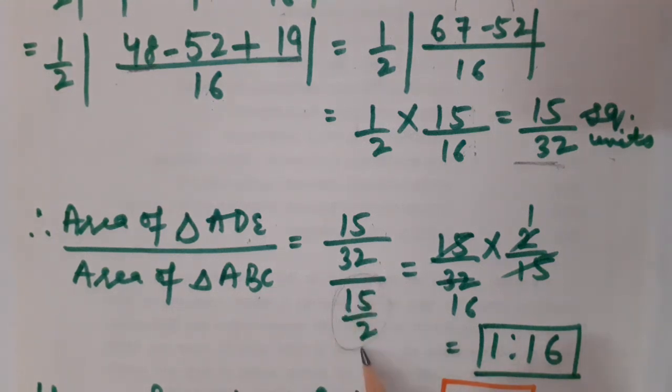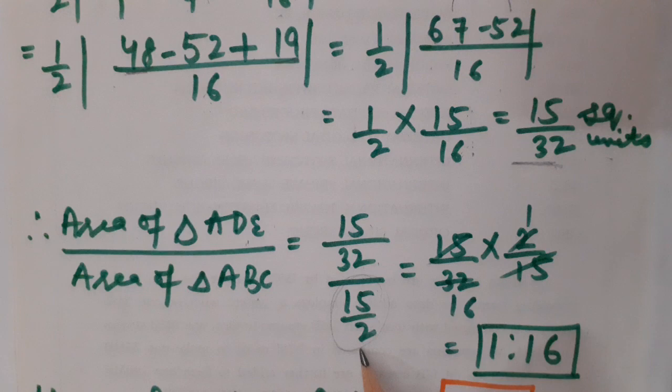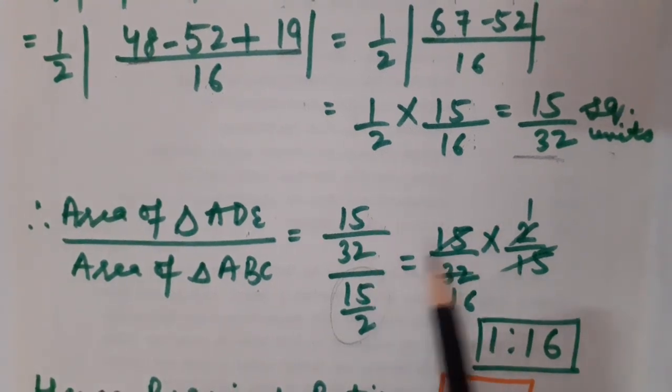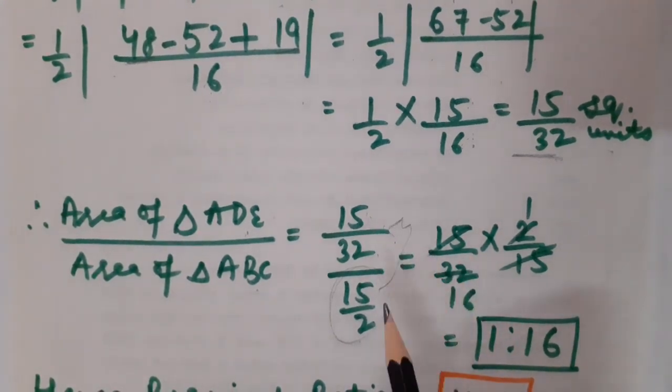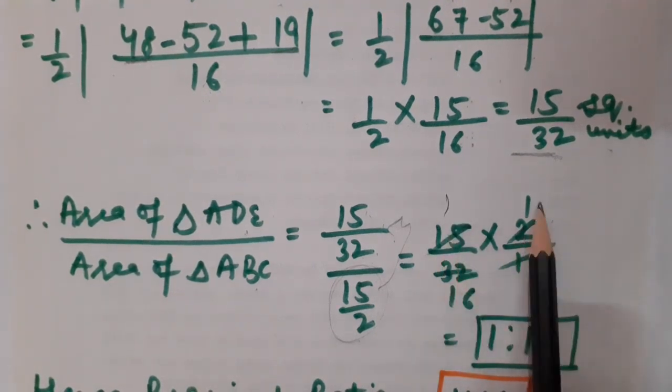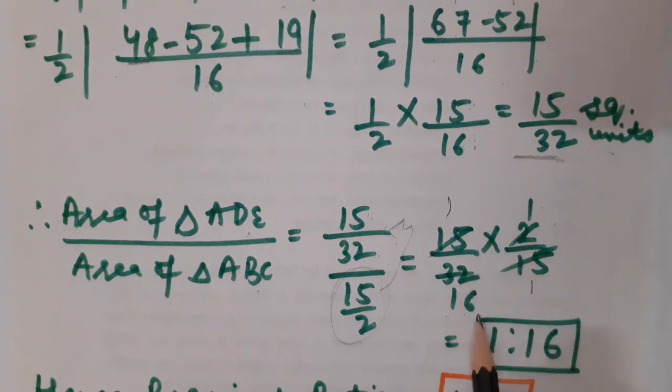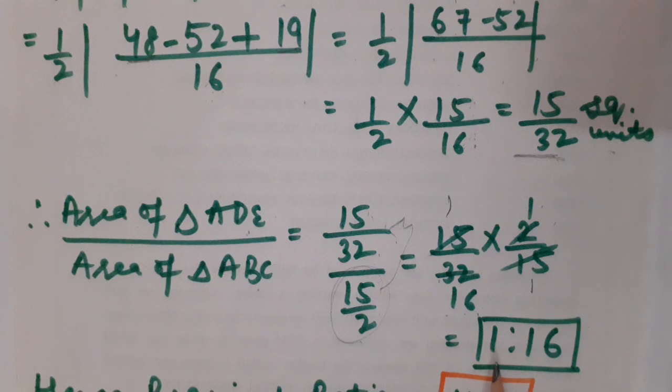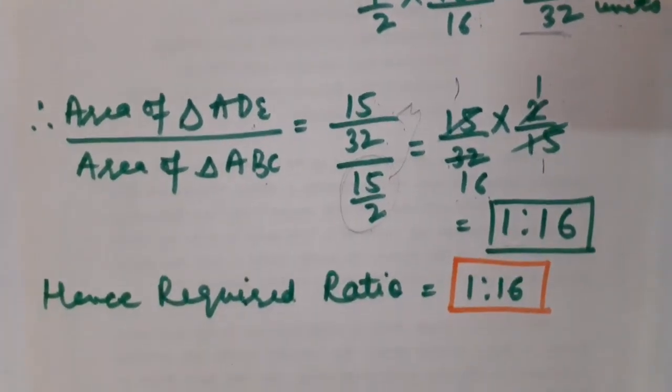This is area of the triangle ABC, which we have just calculated now. So 15 upon 32, I will be taking reciprocal, it would become 2 upon 15. 15 ones are 15, 15 ones are 15. Cancelling, 2 ones are 2. This is 2 16s are 32. Correct? So I have got 1 ratio 16. So what is the required ratio? That is 1 ratio 16.